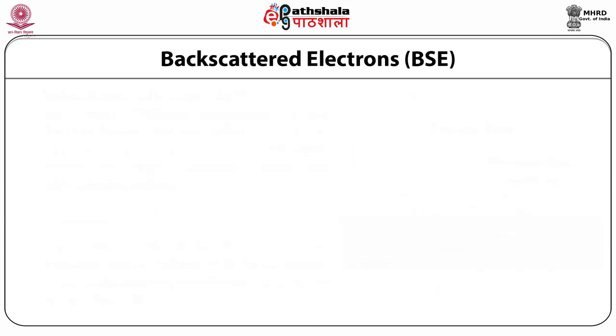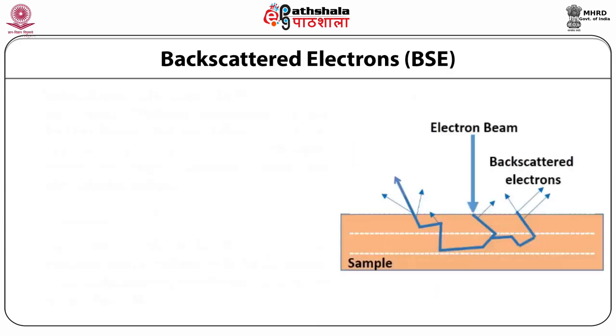Now, the backscattered electrons. Elastic scattering of the electron beam produces backscattered and transmitted electrons, as the strong electrical field of the specimen's atomic nuclei deflects them, and no additional electrons are produced from the sample.